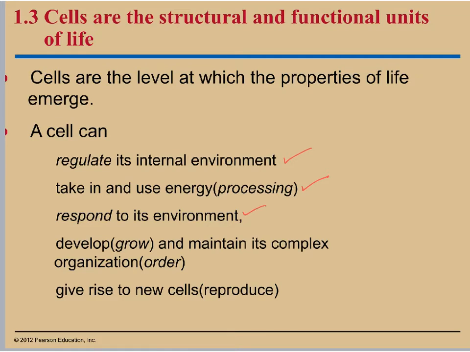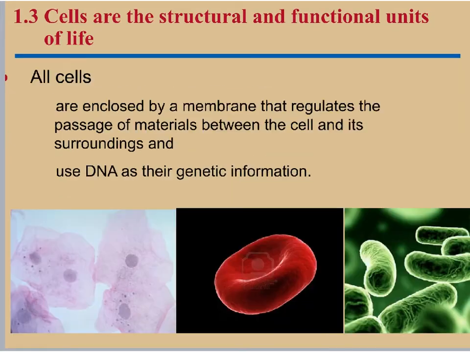They need to develop or grow, and then also maintain their organization. Even at the cellular level, cells and the molecules on the inside need to maintain their order to function properly. And then reproduction. Even single cells need to be able to reproduce. All living organisms have to have the ability to reproduce, otherwise they will not pass on their genetic information to the next generation. So that was just a little repeat.